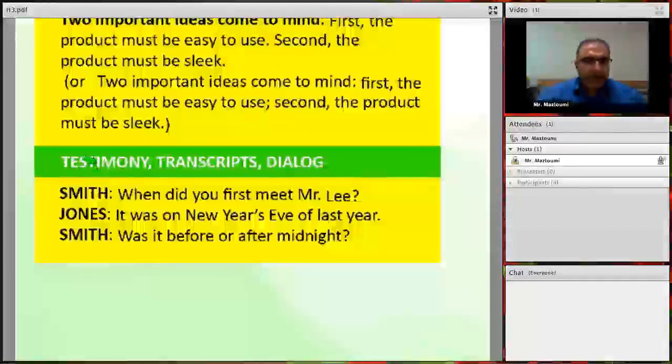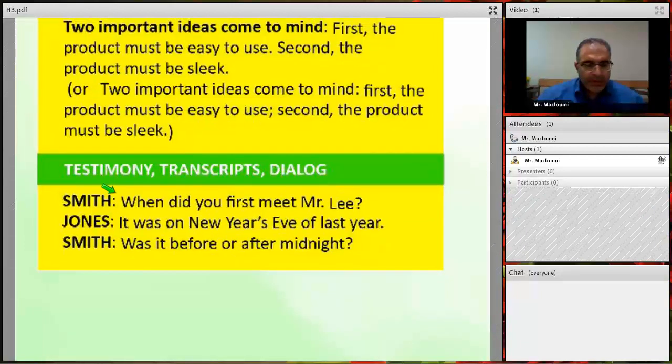And finally, we have testimony, transcript, and dialogue. Everyone, we use colons in testimonies. Testimony means a formal statement. Transcript, you know, the transcript of a listening file, what the speakers say. And in dialogues, again, we use colons, everyone. So Smith says, colon, When did you first meet Mr. Lee?